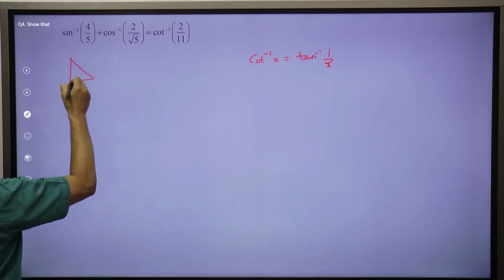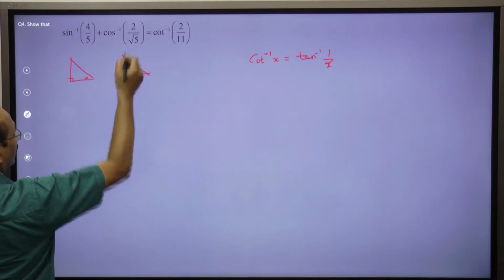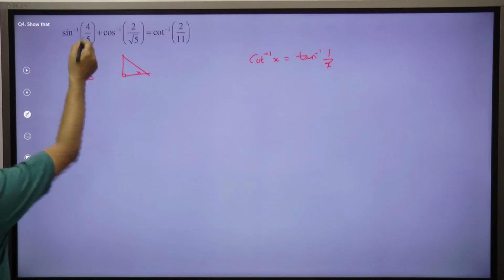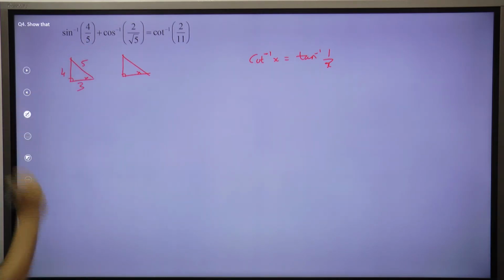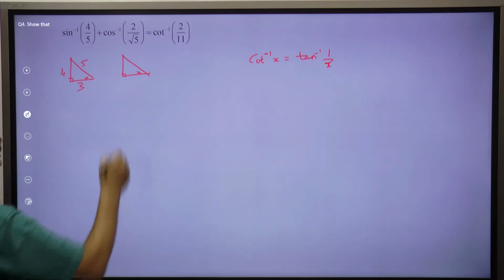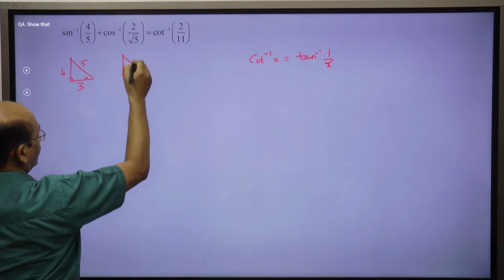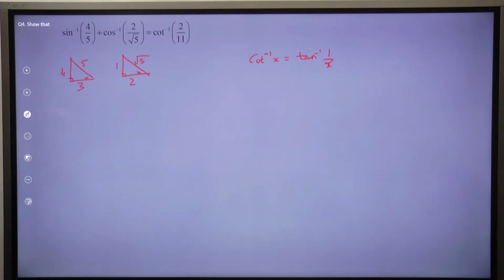Drawing a right angle triangle, theta I am talking about. This is a separate one because the ratios are different there. So let us talk about the sine, opposite 4, hypotenuse 5. So this is nothing but Pythagoras theorem, that is 3. Similarly here it is 2 by root 5, adjacent upon hypotenuse, so I believe it is 1. So once you have the Pythagorean triplet, it's very easy to convert.